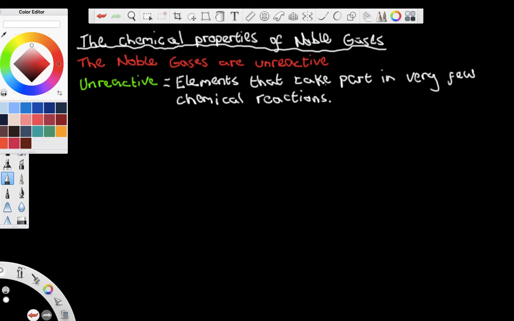Okay? So they are elements that take part in very few chemical reactions.